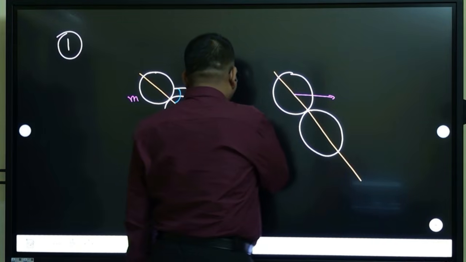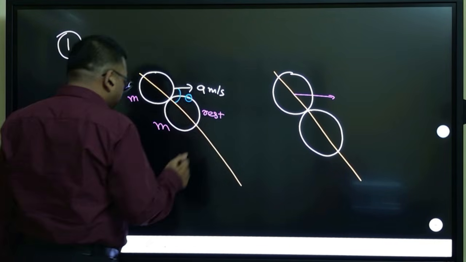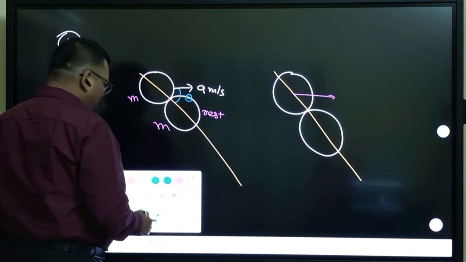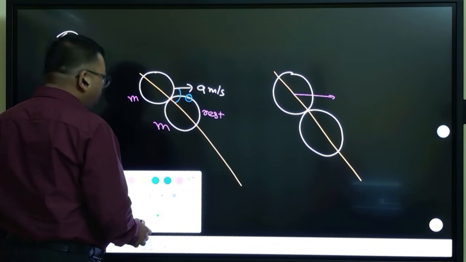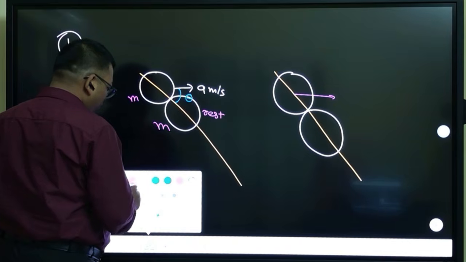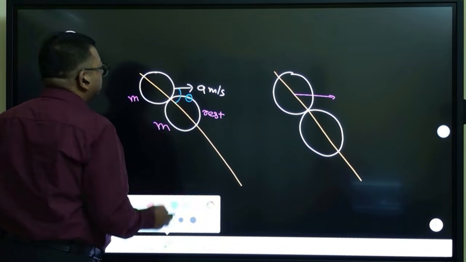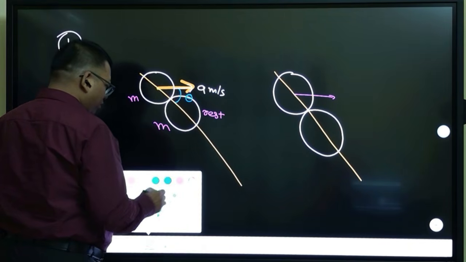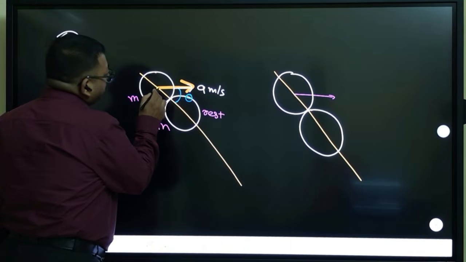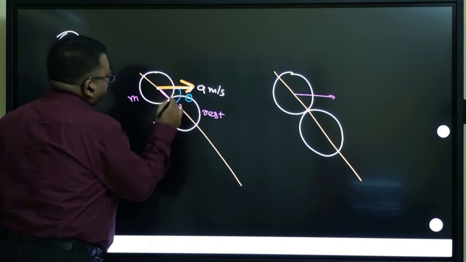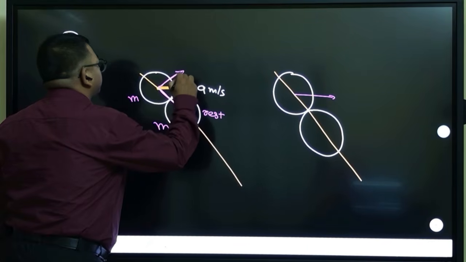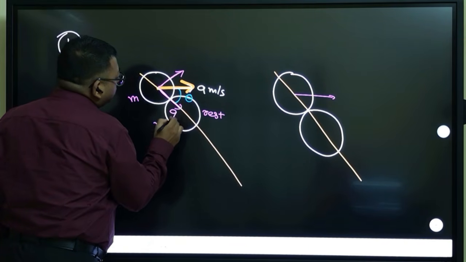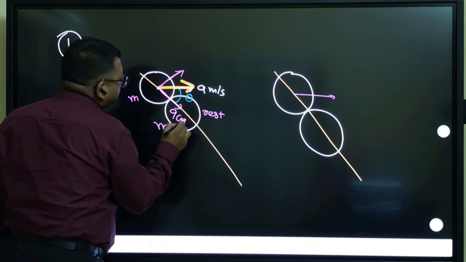Both are identical, so just apply this basic idea. First of all, you try to resolve it because this is the velocity, and this velocity can be resolved into two components. One is along this way, and one is this way, right? So this will become 9 cos theta.